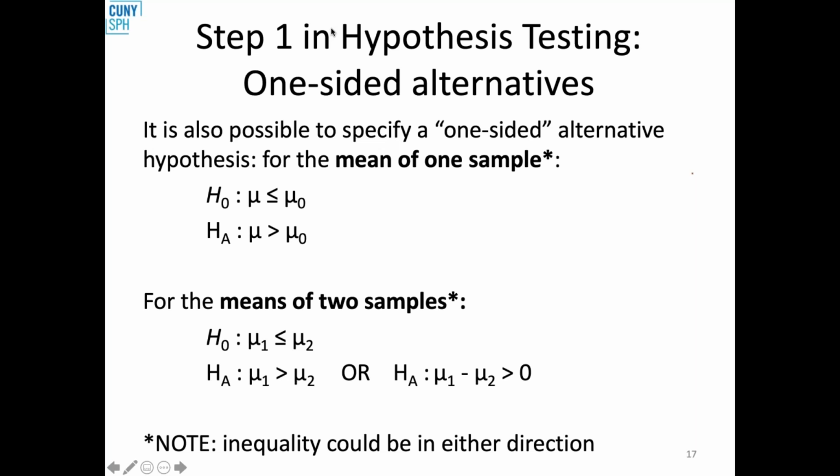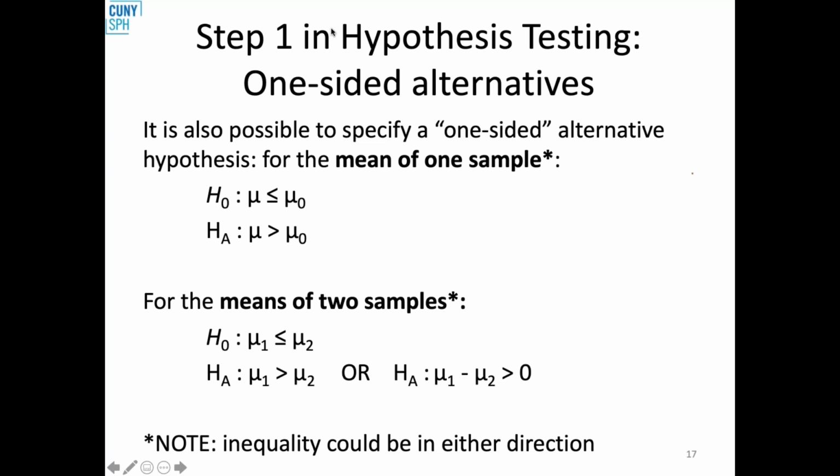Okay, well, for instance, you might be testing a drug which is a vasodilator, because a vasodilator relaxes blood vessels, right? So you might argue, I'm going to test this drug against a placebo, and I might make this a one-sided test. The reason is that it's a vasodilator, and the way it works, it can't increase blood pressure.